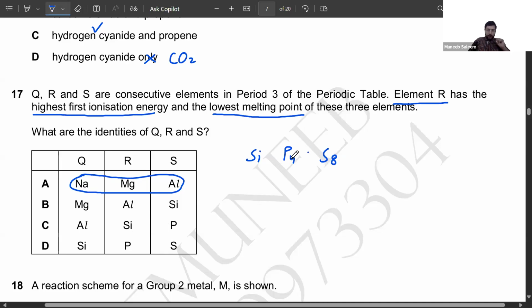So in terms of the melting point, silicon has a higher melting point than sulfur, and sulfur has a higher melting point than P4. And in terms of the ionization energy, silicon has less ionization energy than phosphorus, and phosphorus has less ionization energy than sulfur.